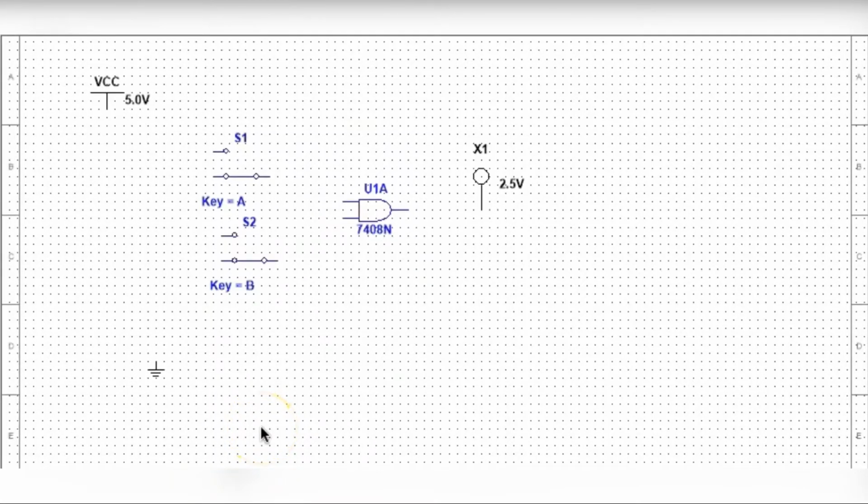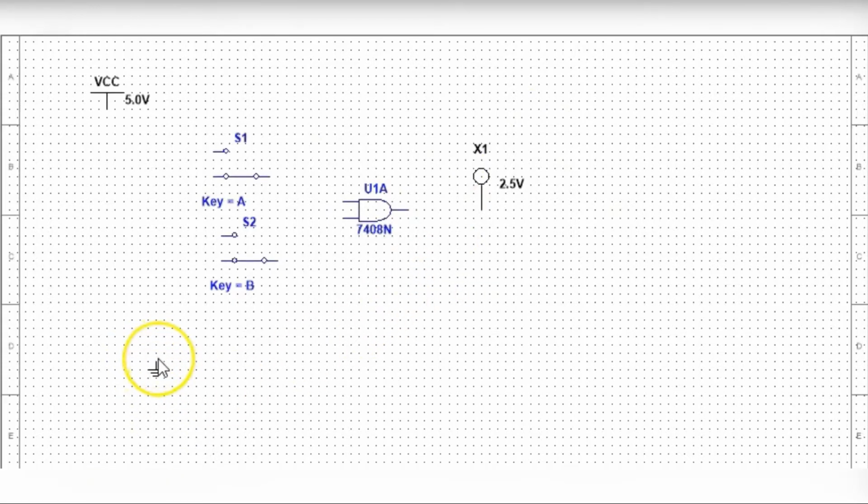This is the experiment part A, which is basic logic gate truth table. The components used in this Multisim experiment are VCC, SPDT switch, ground, 7408N and the blue probe.